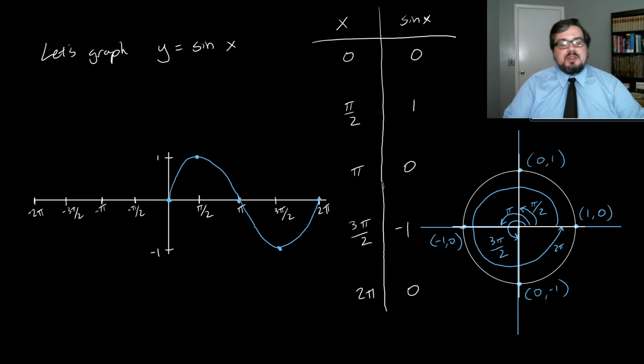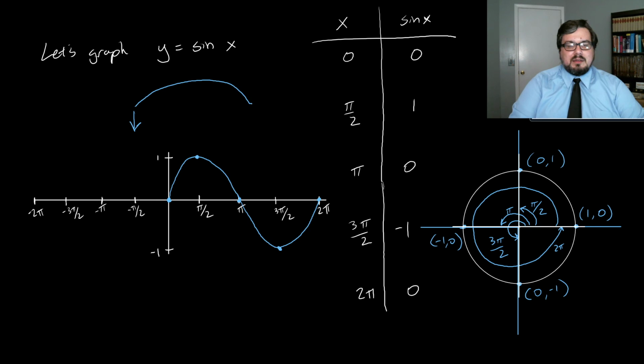So for instance, when I want to know what's sine of negative pi over 2, right here, what I can do is I can look 2 pi further ahead over here to 3 pi over 2.